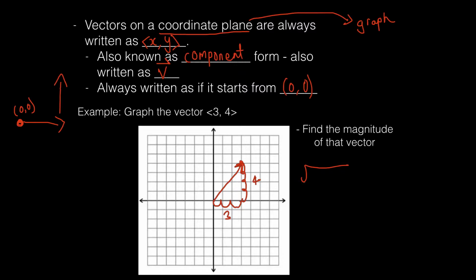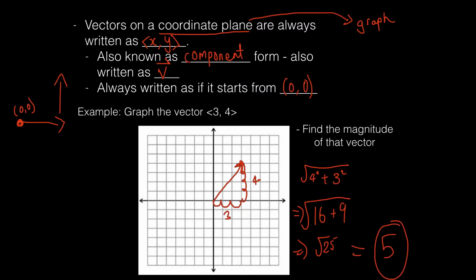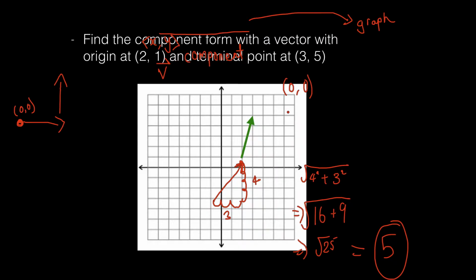The magnitude of the vector would be the square root of 4 squared plus 3 squared, which is the square root of 16 plus 9, which is the square root of 25, which is just 5. So the magnitude of this vector is 5 units. Let's get rid of all that.